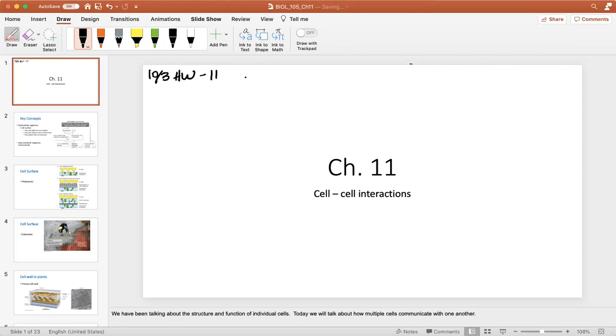Now let's think a little bit about where we've been so far. We've gone through 2 units of study and you've had 2 exams. And so far we've thought a lot about cells. We've thought about their structure, right? For example, we've thought a bit about their chemical composition when we studied macromolecules.